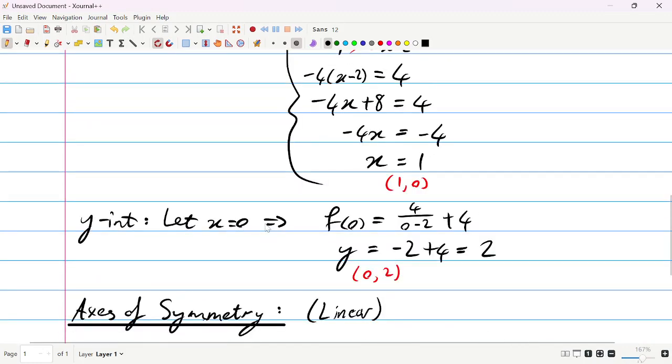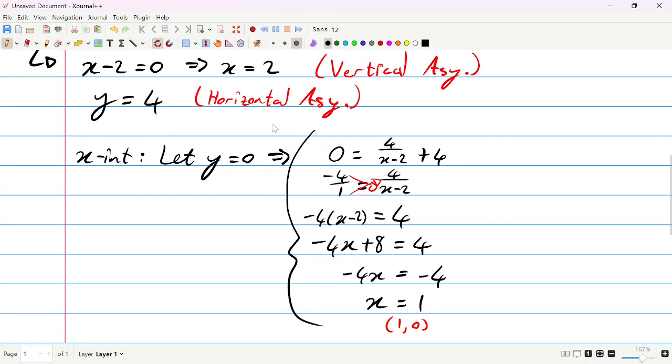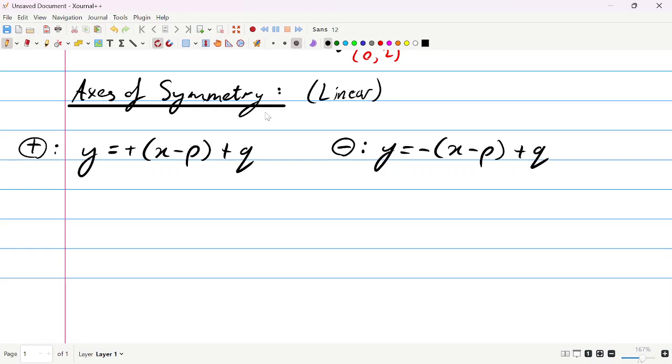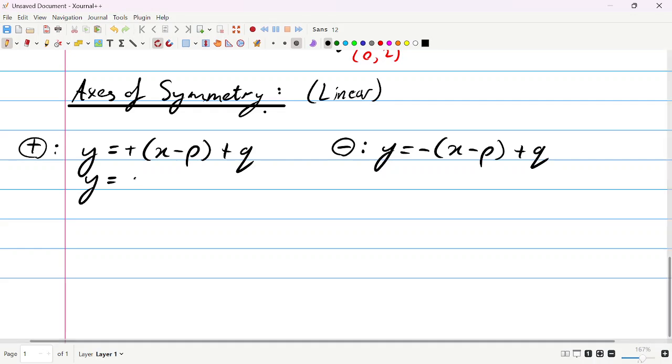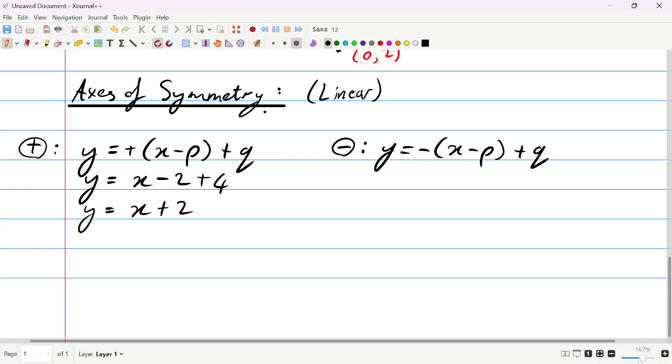We know that p is essentially just the vertical asymptote, which is 2. And the horizontal asymptote is just 4. So therefore, we can say y is equal to x minus 2 plus 4. And then y is just equal to x, and then this is the plus 2.